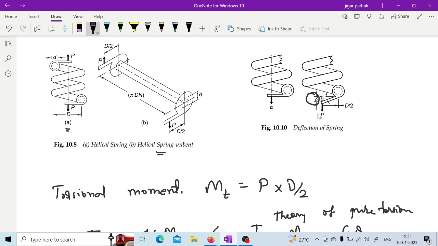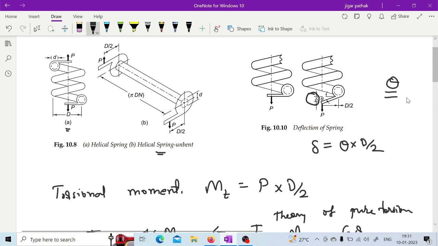So if we are interested in this delta, then from this figure you can see that this particular deflection is nothing but the angle of twist into the distance, that is d by 2 radius, right? R theta is this particular arc length delta. So this delta is nothing but this theta into d by 2. So in order to calculate delta, first you have to calculate angle of twist, right, that is theta.